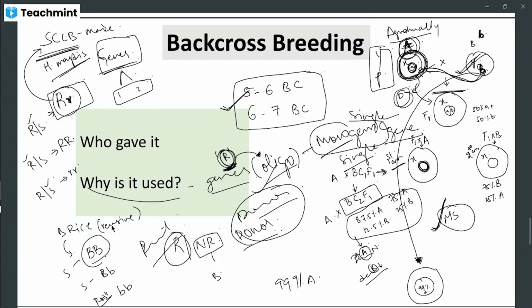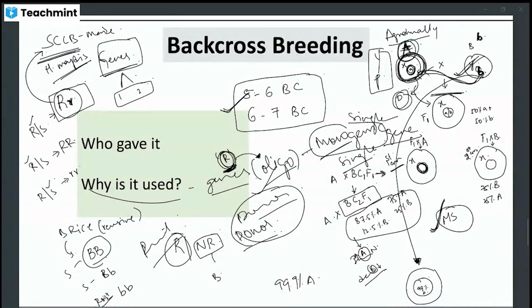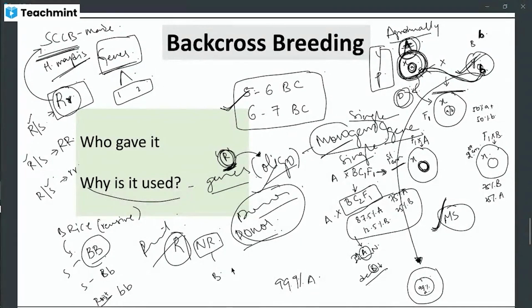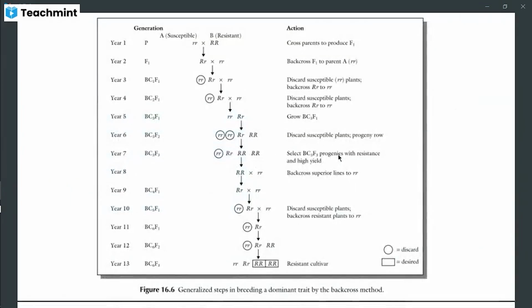And if it is governed by recessive genes, you require the recessive genes in which condition? Homozygous. Yes, in the homozygous condition, only then will it impart the resistant character. So now we will see how we can transfer these genes from the donor parent to the recipient parent. In case of a dominant gene, it is very easy.